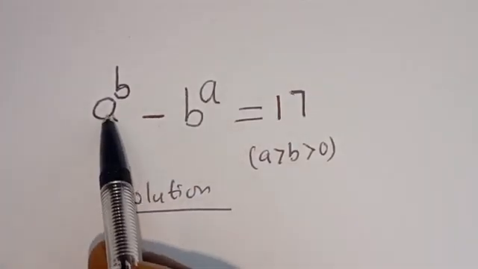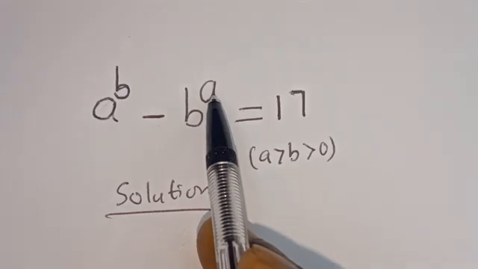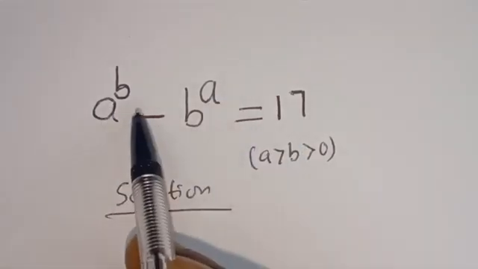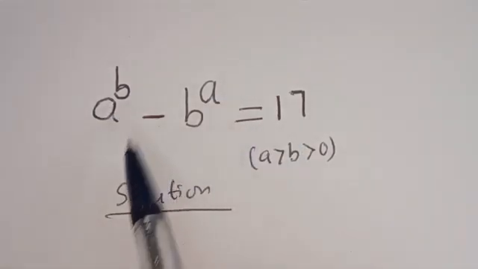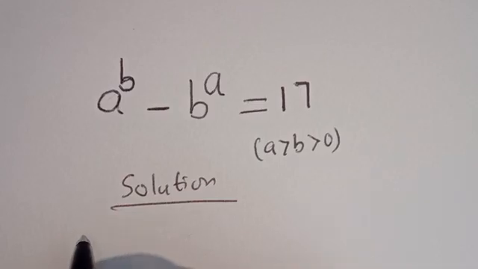Then here, we have a to the power of b minus b to the power of a is equal to 17. Let's transform the equation on the left-hand side.